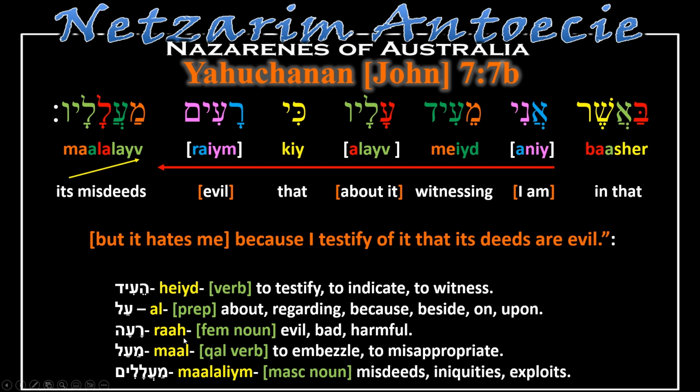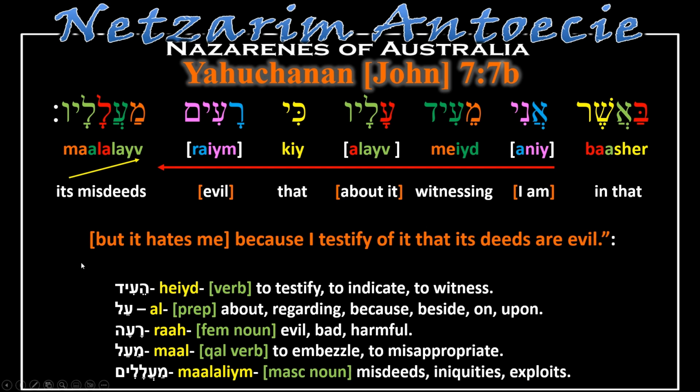And then we've got ra'ah, which is a feminine noun meaning evil, bad, harmful. And ma'al, which is a kol verb to embezzle, to misappropriate. And then we've got ma'alalim, masculine noun meaning misdeeds, iniquities, or exploits.